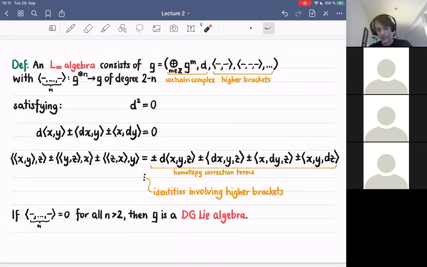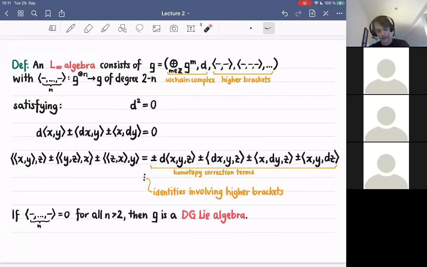So the first one is d squared equals 0. That makes this into a cochain complex. And the second condition is like a Leibniz rule between the differential and the binary bracket.